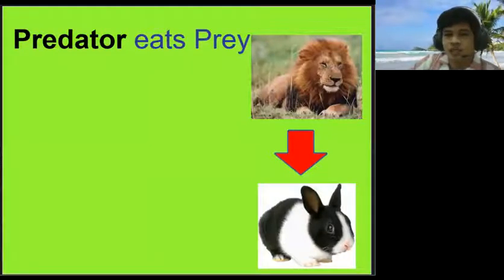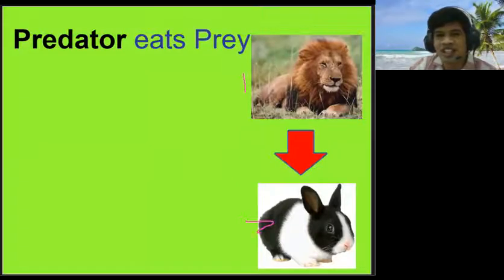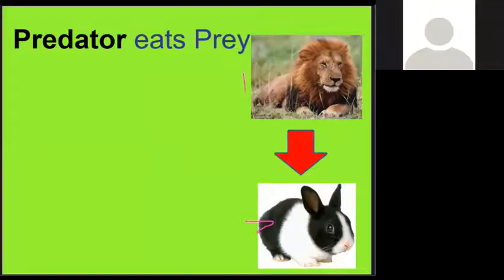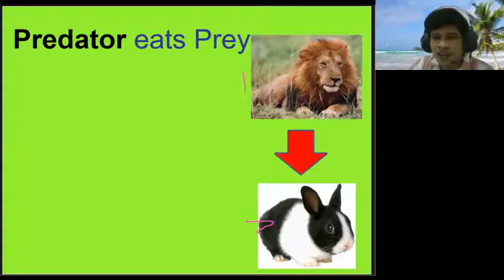So in this case, which one of these is a predator? Can you type in the chat box which one, 1 or 2? Which one of these animals is a predator? If you still remember, class.